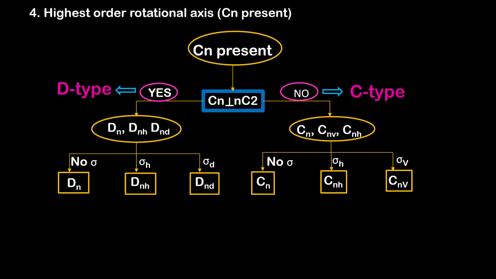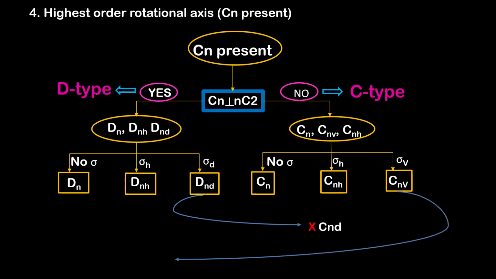If it has one sigma h, then Dnh point group. And if it has sigma d plane, then it becomes Dnd point group. Now here, there is no point group as Cnd and no point group as Dnv.